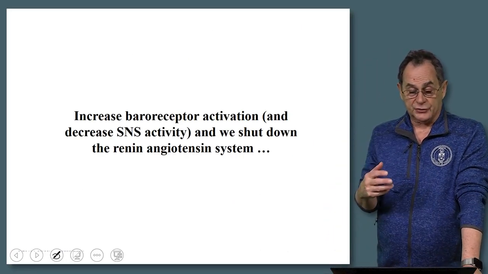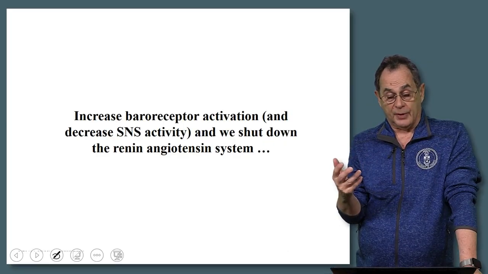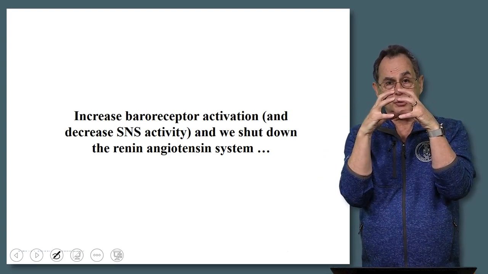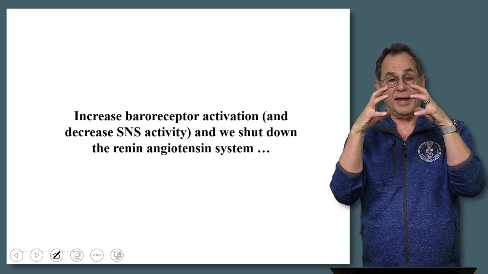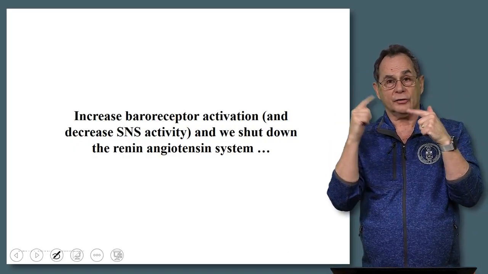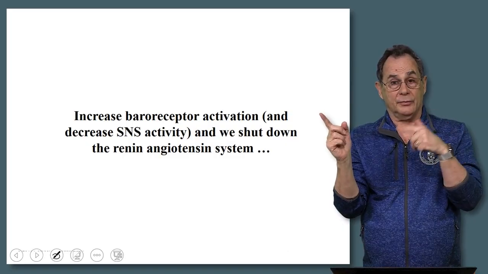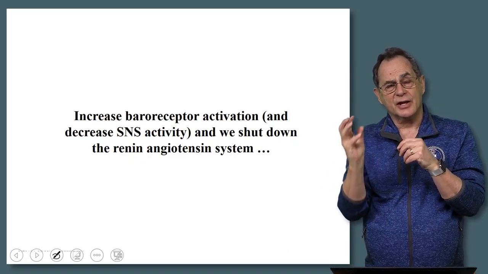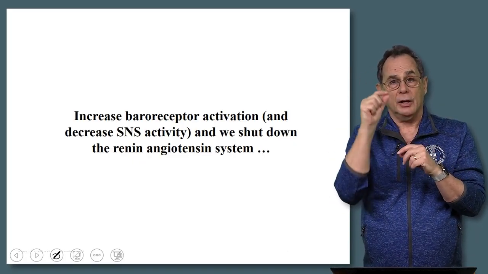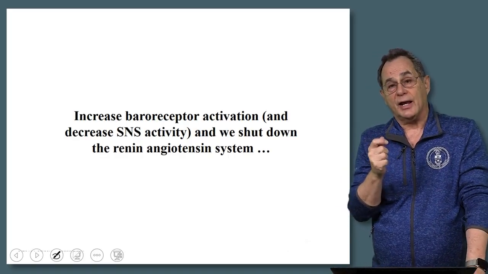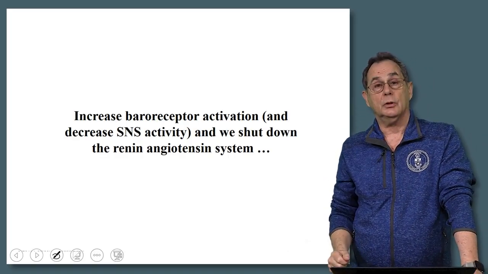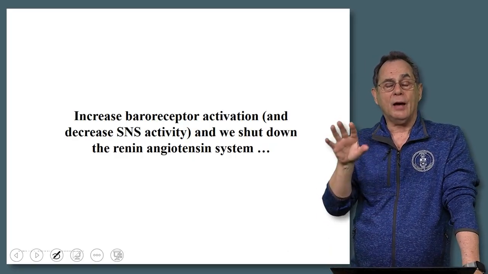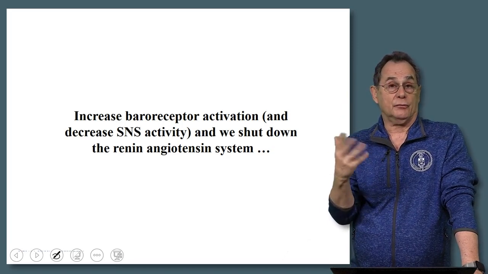Well, the first thing is that you'll shut down with increased baroreceptor activation. So remember, as the balloon fills, as the baroreceptors in the arch of the aorta and the carotid bodies expand, that will increase nerve traffic via the vagus nerve and the 9th cranial nerve to the brainstem. And that is a negative influence. So you'll increase an inhibitory influence of brainstem activity, and you'll reduce sympathetic nervous system activation. So sympathetic nervous system nerve traffic will decrease, and that will reduce the release of renin from the kidney.